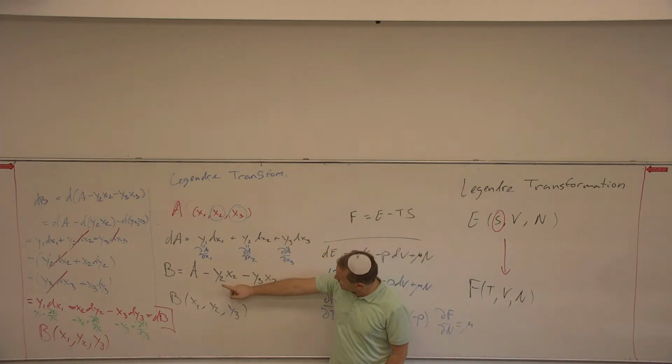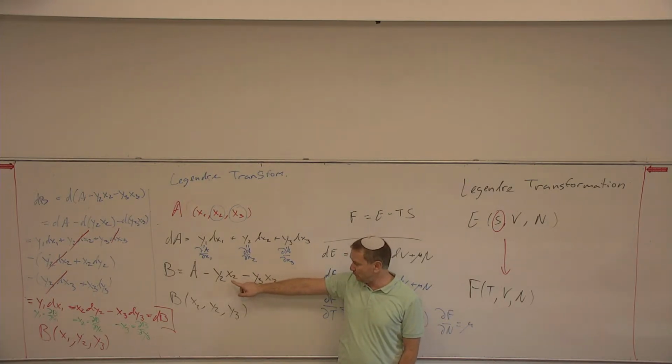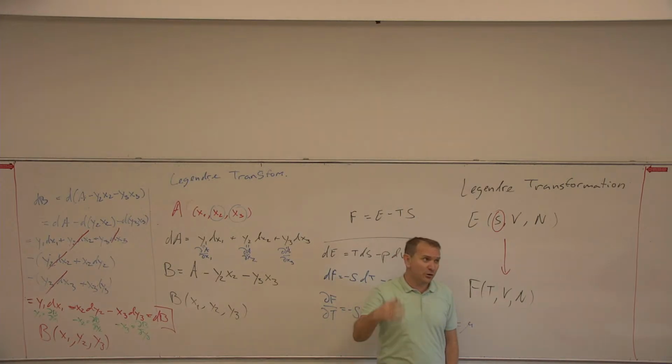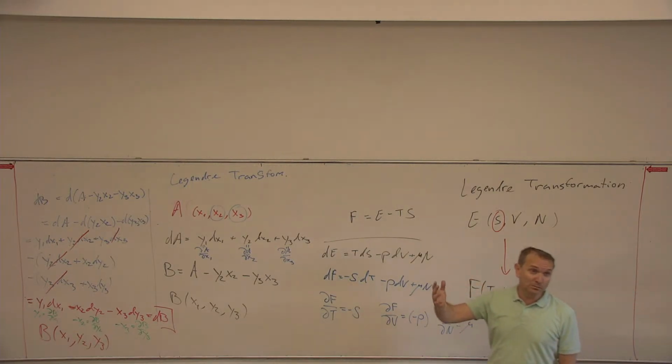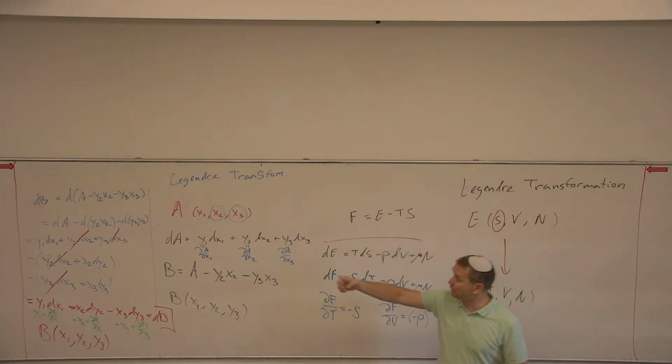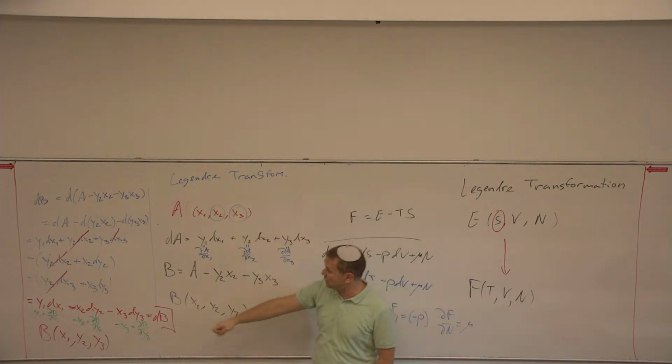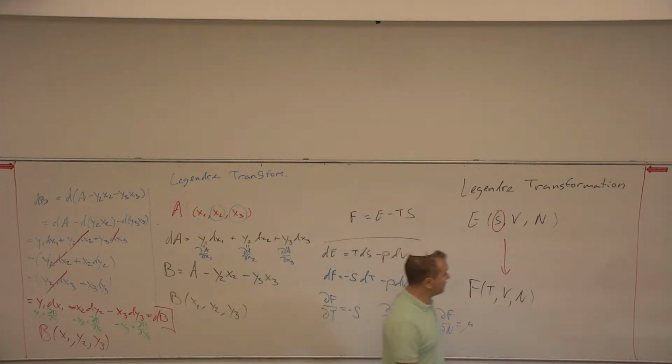You basically take out the variables that you don't want to use, for example x2, x3, and you obtain a new function, a function of your new conjugated variables. Why should you do that? Well, mainly because you don't want to use x2 and x3 and you want to use y2 and y3. Very, very convenient.